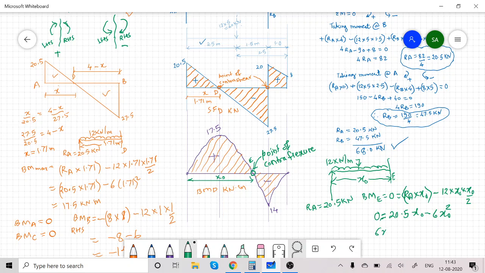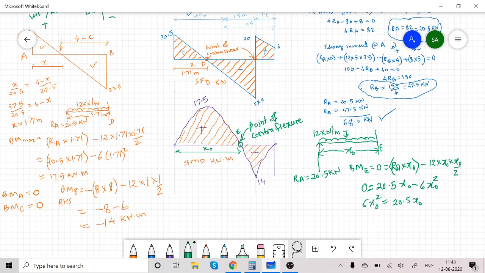So simplifying this, 6x0 square is equal to 20.5 x0. Cancelling one x0 from the left side and right side, I will get 6x0 is equal to 20.5.